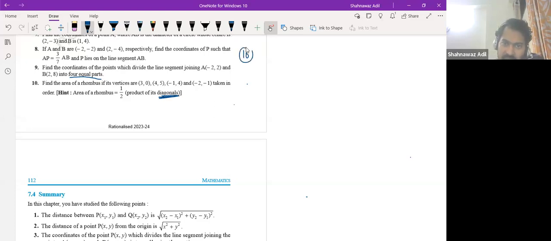So we have a rhombus and its vertices are, let's say, P, which is here, and Q, which is 4, 5, R, which is minus 1, 4, and S, minus 2.